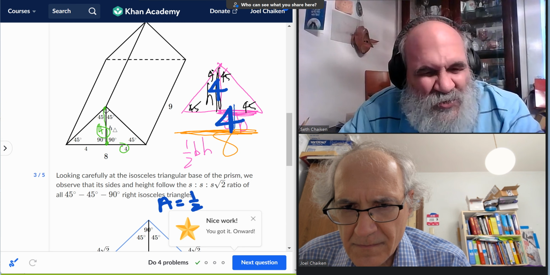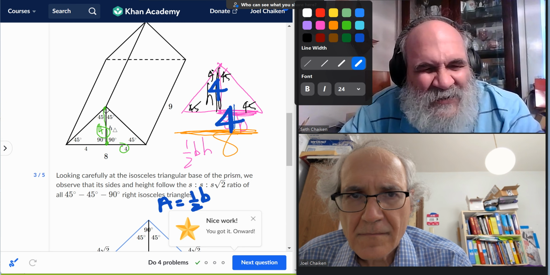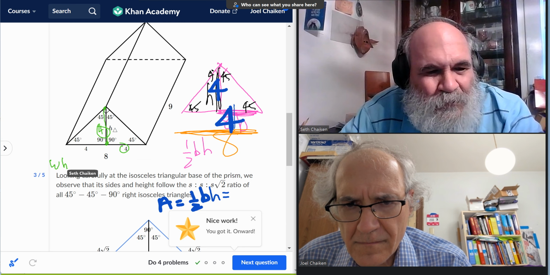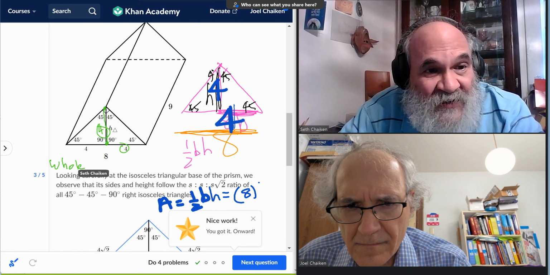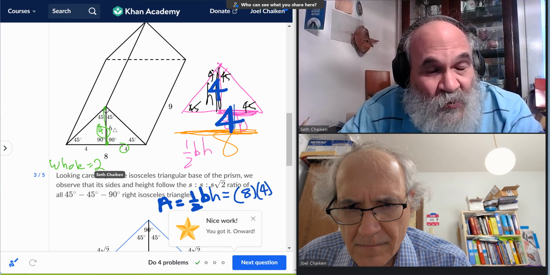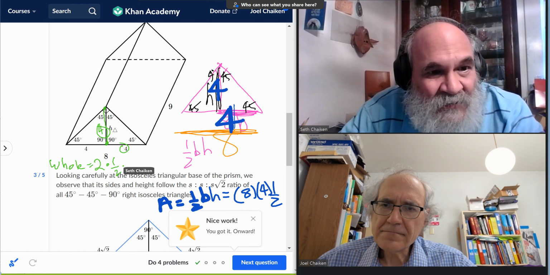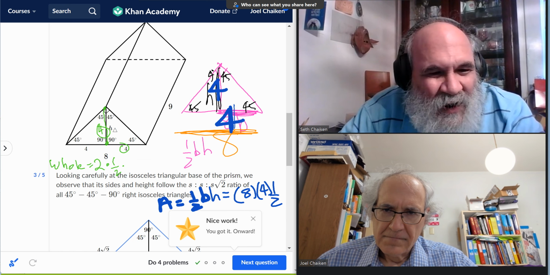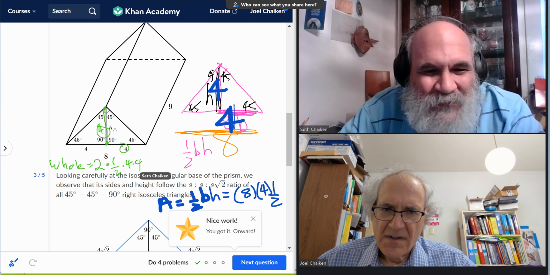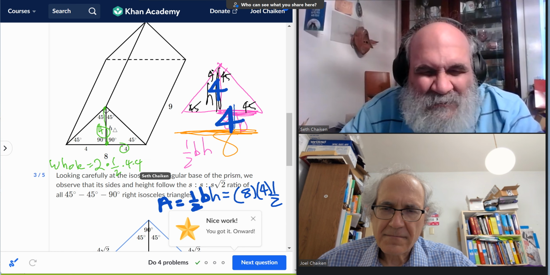So you could figure it out by saying that the area of the whole base, I'm going to give you a different way of giving it, is equal to 2 times 1/2 times 4 times 4. That's right.